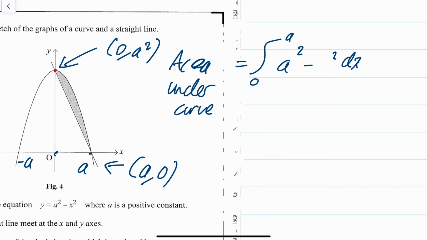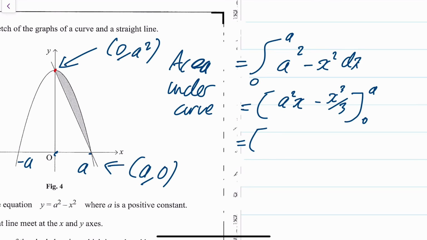If you integrate that, square brackets, you're going to get a squared x, because a squared is just a constant. So if you integrate 7, for example, you get 7x. So integrate a squared, you get a squared x, and minus x cubed over 3. Remember, when you integrate, raise the power by 1, divide by the new power.